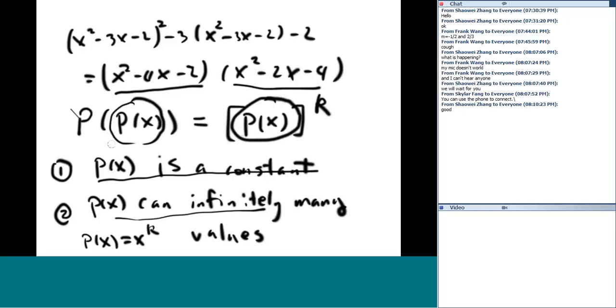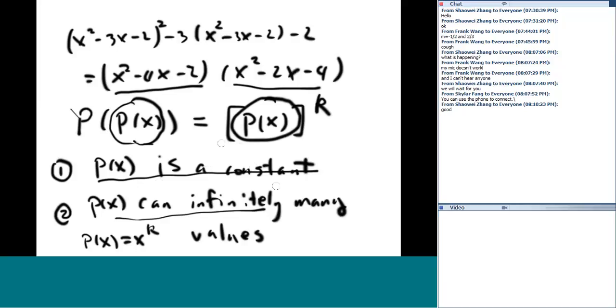If two functions have infinitely many equal values, especially if they are polynomials, they'll be the same. So P(x) minus x^k can only have finitely many roots; if it has infinitely many, then it's an identity.